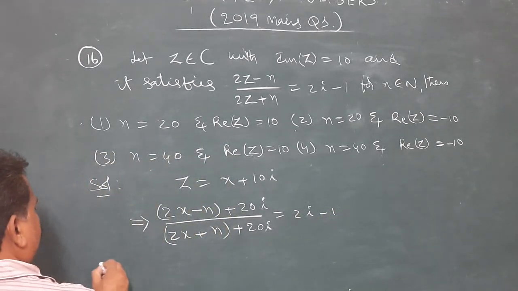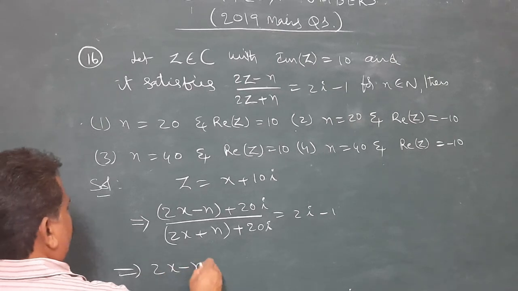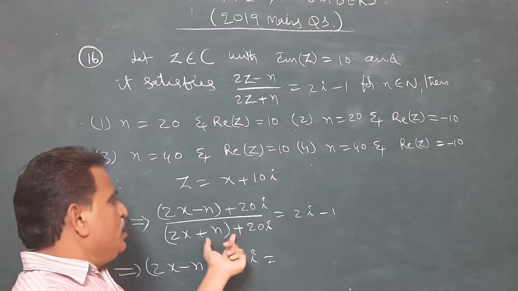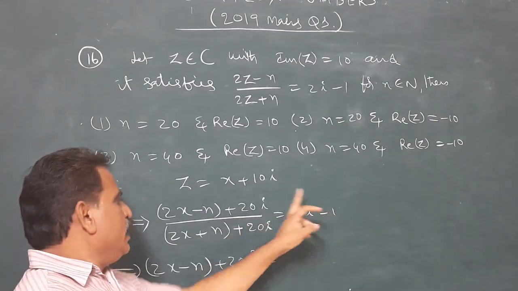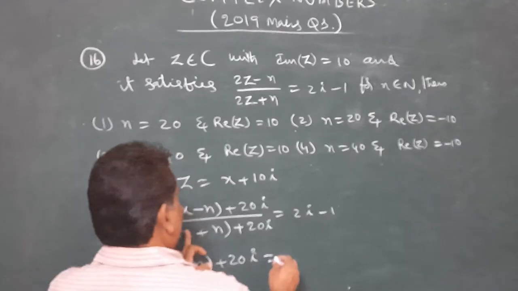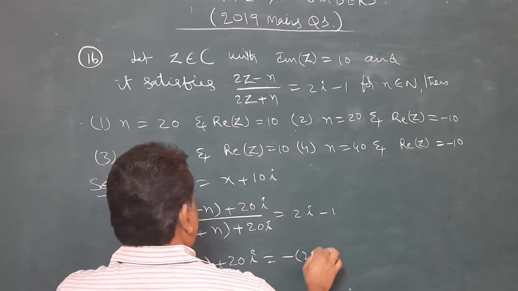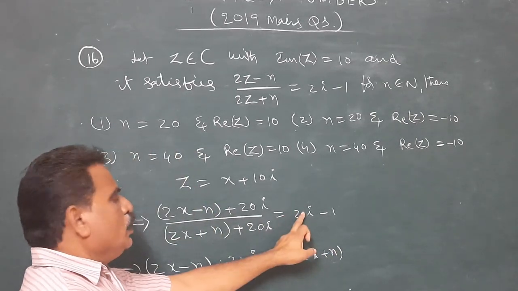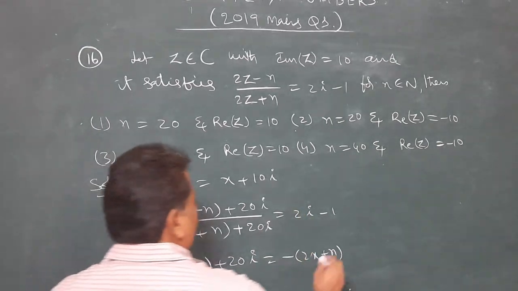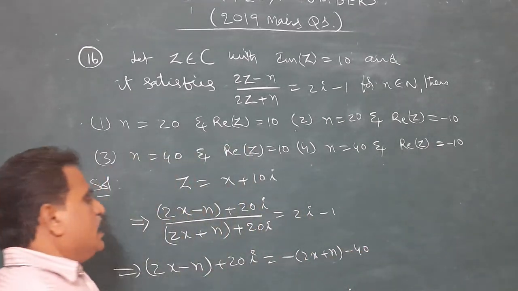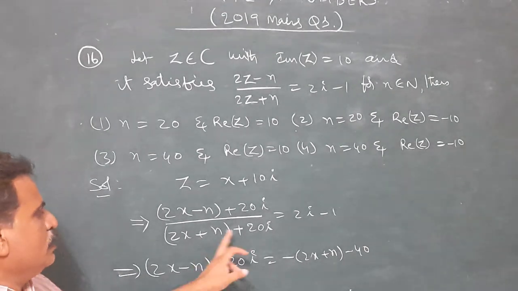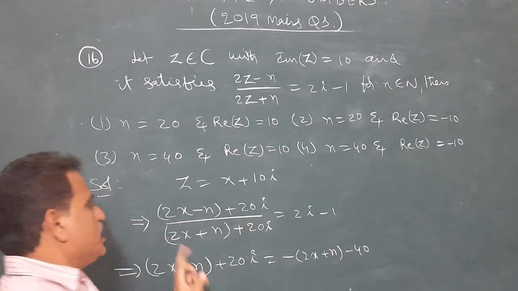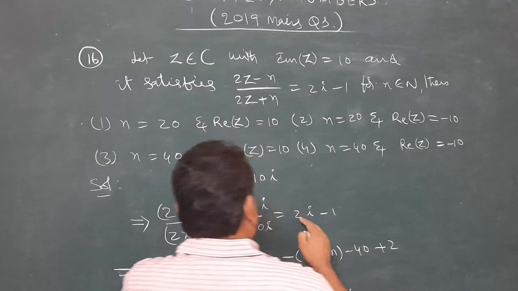Cross multiplication: 2x minus n plus 20i equal to the product of these two. Minus 1 into this gives minus 2x minus n. 20i into 2i is 40i square, that means minus 40. That is the real part.